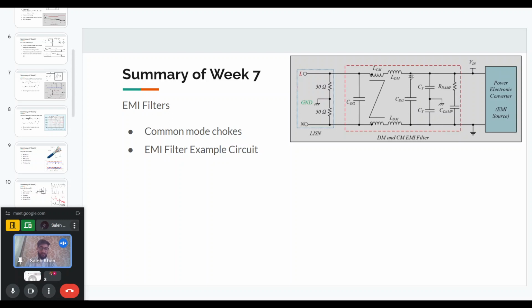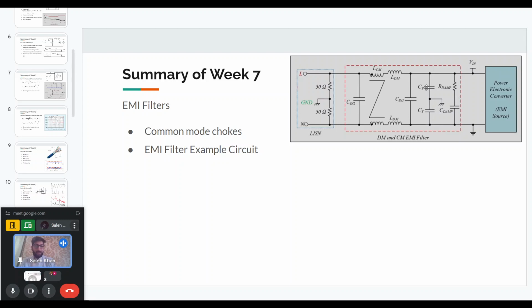The capacitors that are connected between the line and neutral are called X capacitors, and the capacitors that are connected between the line and ground and neutral and ground, where this is the overall ground, the chassis ground or the enclosure ground, are called Y capacitances. These are some special capacitances for EMI filters.